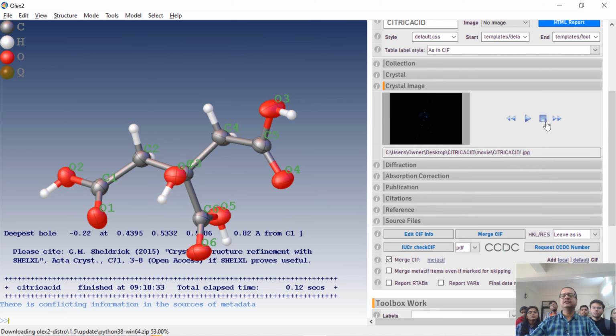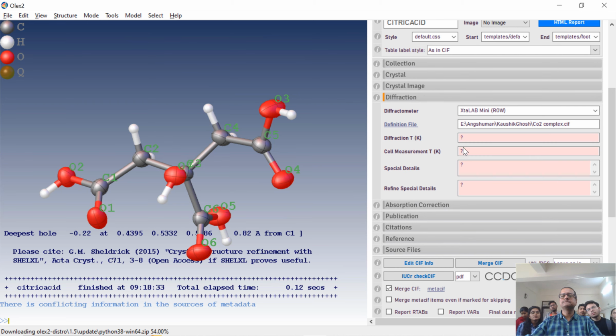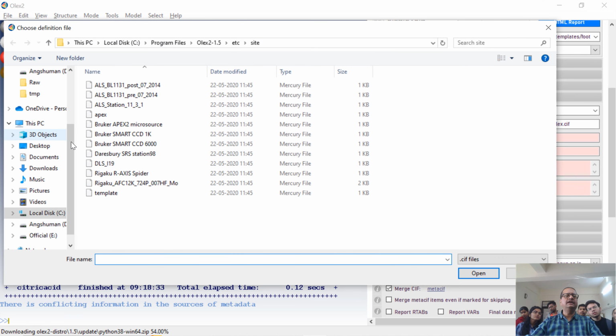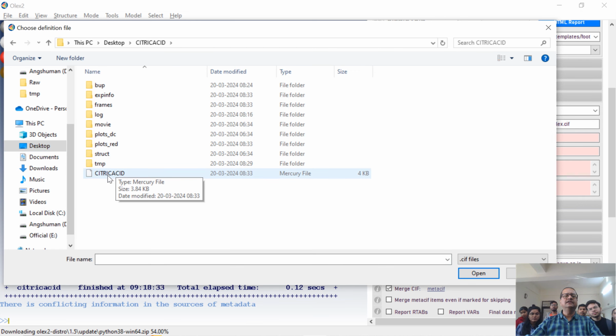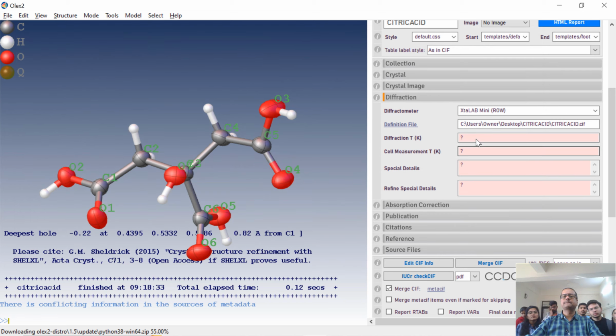Crystal image will read from those images which are recorded under the movie, and when you click on diffraction, you have to give the correct diffraction file. So go to the definition and it is in the desktop, go to citric acid, and this CIF file, which is just inside the folder, is to be given as the diffraction file.